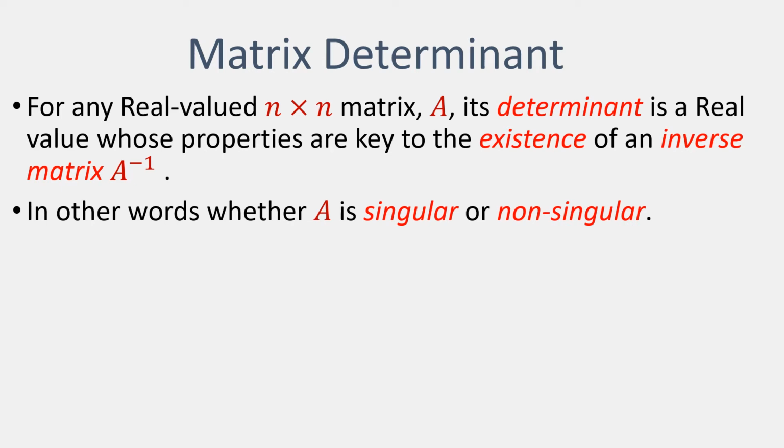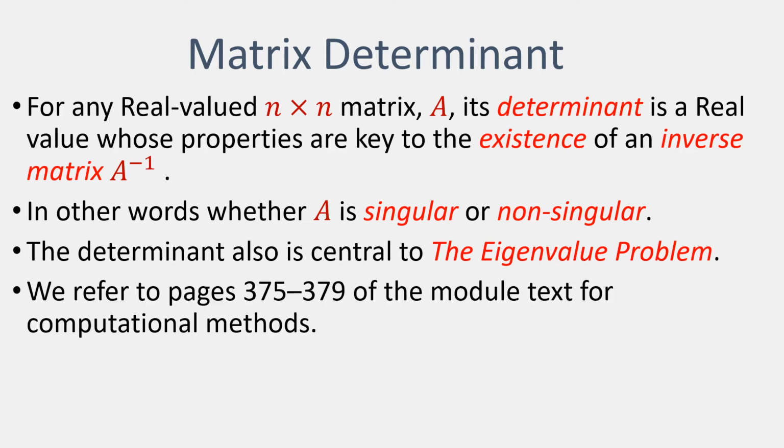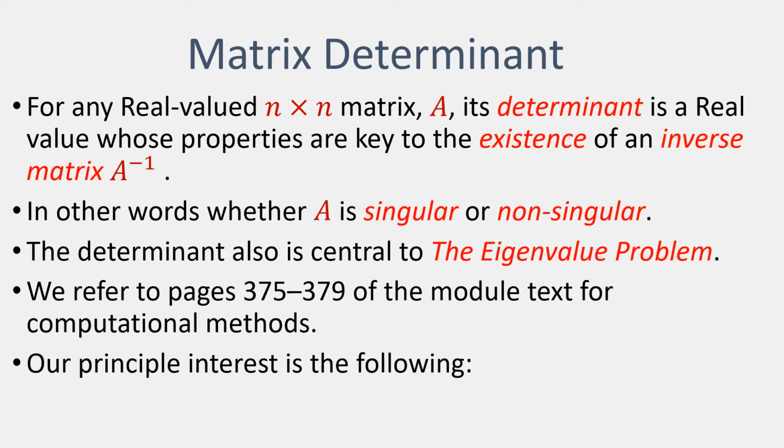In other words, for determining whether a matrix is singular or whether it's non-singular. The determinant is also crucial to this notion that I call the eigenvalue problem. I'm not going to talk about computational methods for finding the determinant. Those are given in the textbook.